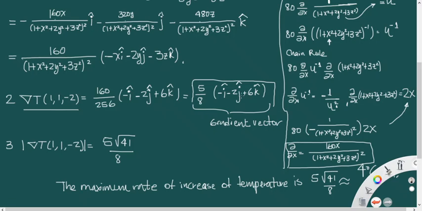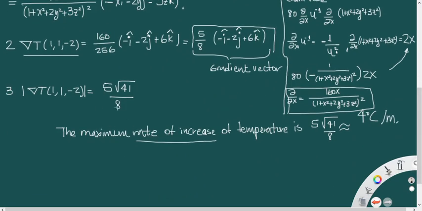Another question would be, what is the rate of increase of the temperature at that point? If we want to know that, we can calculate the modulus, or the magnitude, of the vector at that point. The magnitude is equal to 5 times the square root of 41 divided by 8.